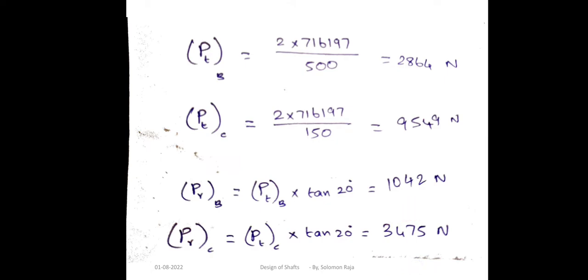Now we have to draw the vertical plane and horizontal plane load diagrams. On gear B, the radial force is acting in the upward direction. On gear C, the tangential force is acting in the upward direction.